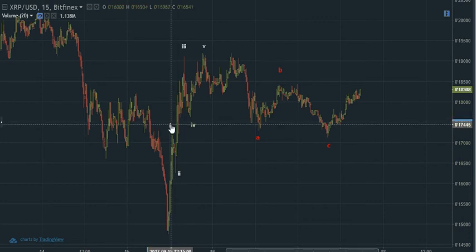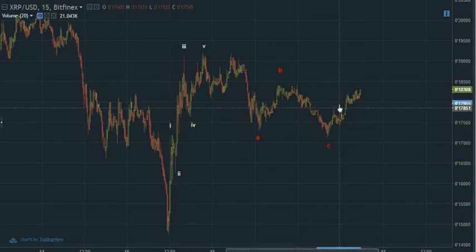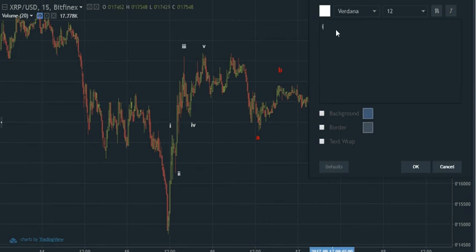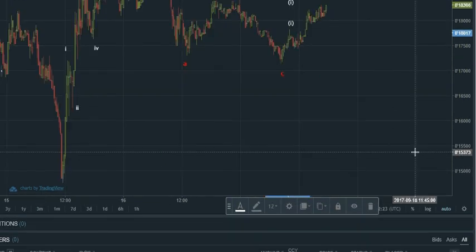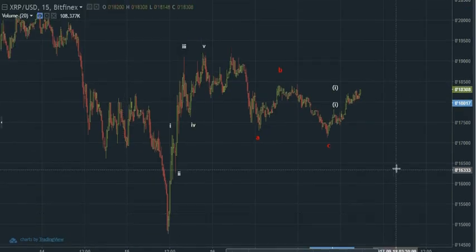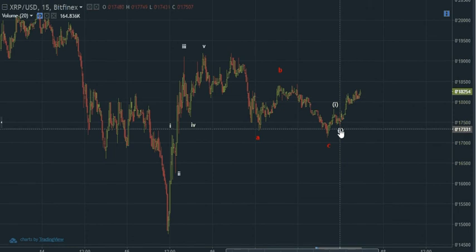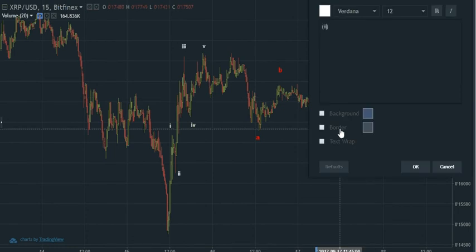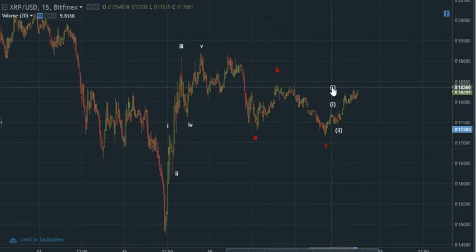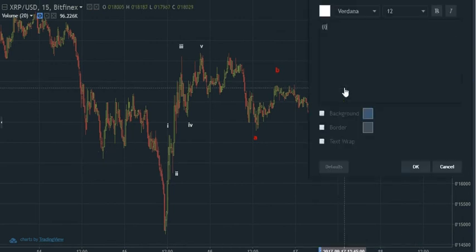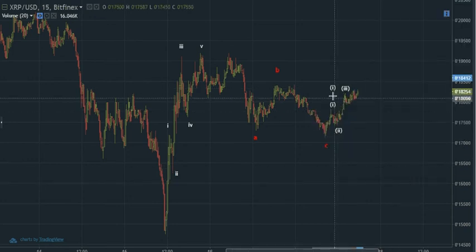So let's label these as well. In parentheses, because they are of lower scale. So 1. Oops. 2. 3. 4.